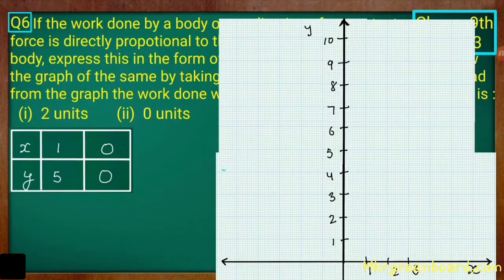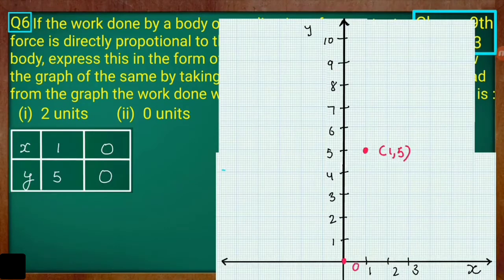Now let's draw the Cartesian plane. X-axis, y-axis. On the x-axis I have taken 1, 2, 3. On the y-axis it is from 1 up to 10, taking a distance of 1 unit. When x is 1, plot y as 5. Yes, this is the right position. Second condition is when x is 0, then y is also 0. It means they will meet at the origin.